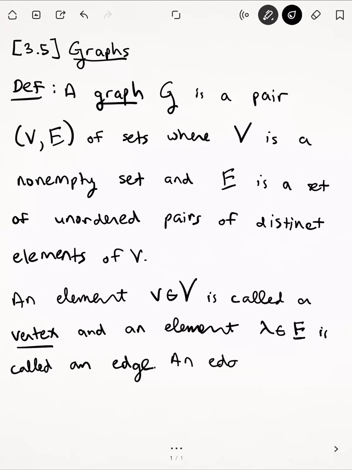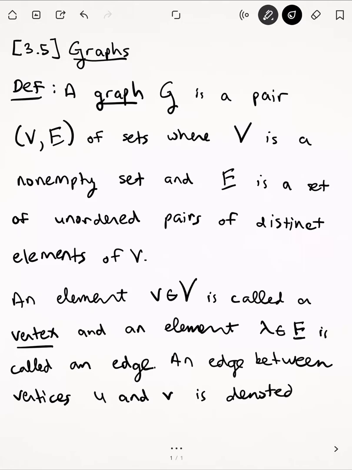An edge between vertices u and v is denoted uv or vu.